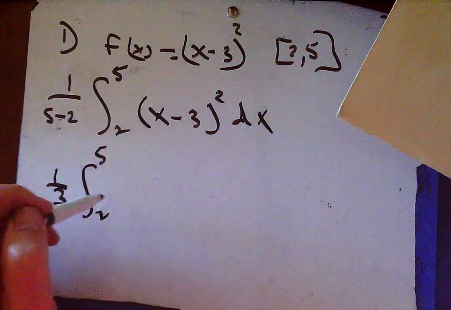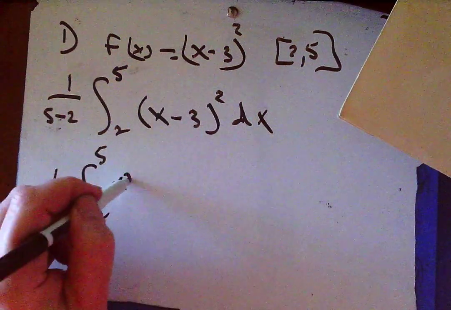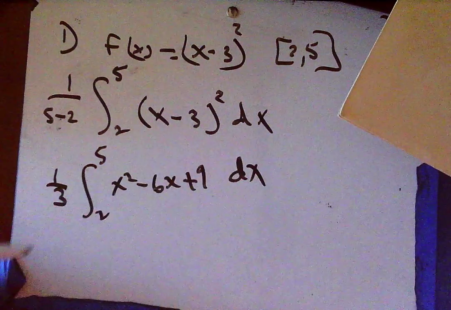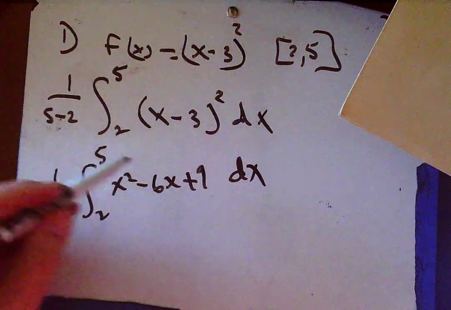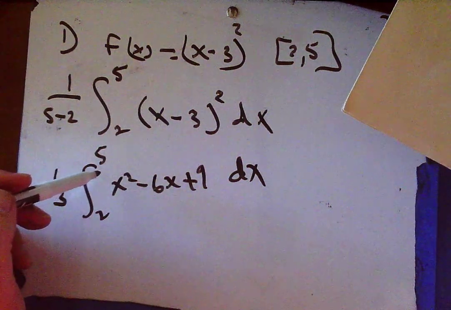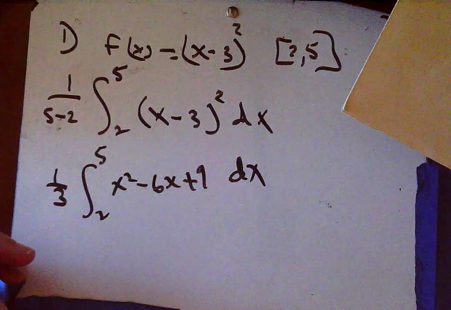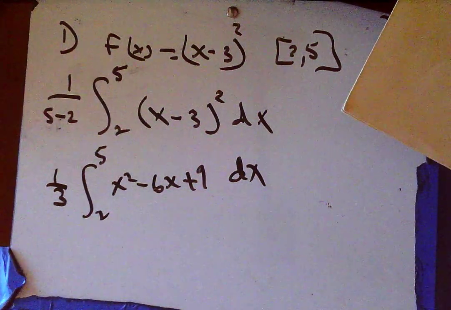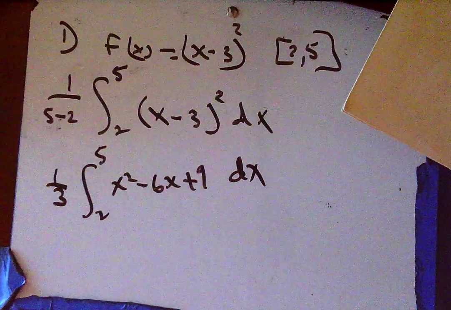I could FOIL that: x squared minus 6x plus 9 dx, and then figure out the antiderivative of each of these. I feel like I'm missing something.